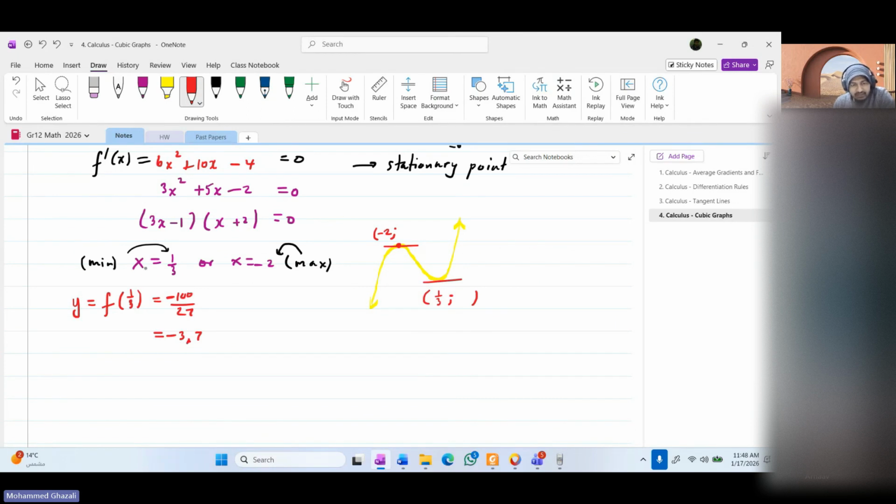We said this is a minimum value, but let's compare both the y values. You can also use y values to compare instead of using those points. So 1/3 is giving me negative 3.7. Right? Let's look at this value here. y equals f of negative 2. I need to substitute negative 2 and see what's the y value there.